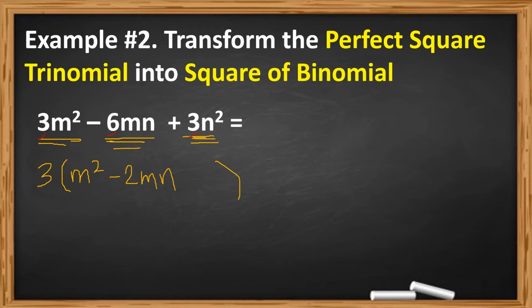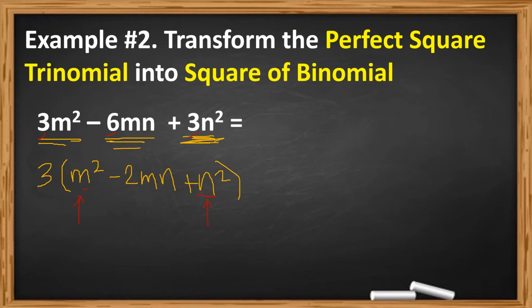And from 3n squared, the remaining factor becomes n squared. So now, does our trinomial inside the parentheses satisfy our conditions? The first term and the third term are positive perfect squares. Yes, they are perfect squares.